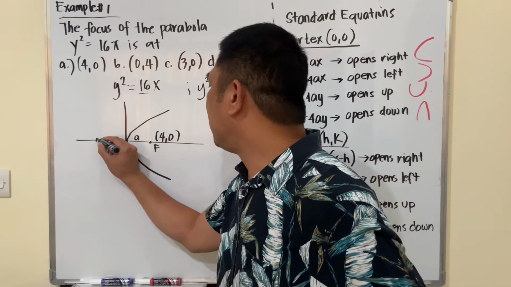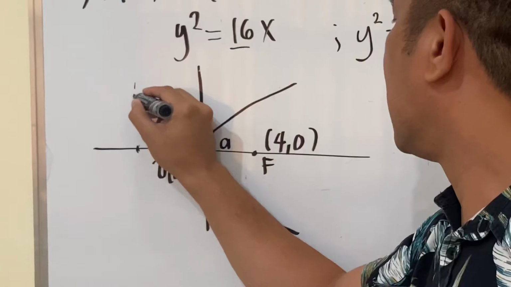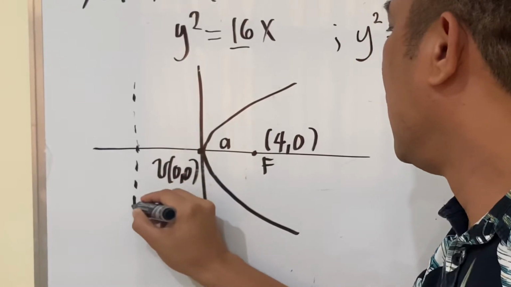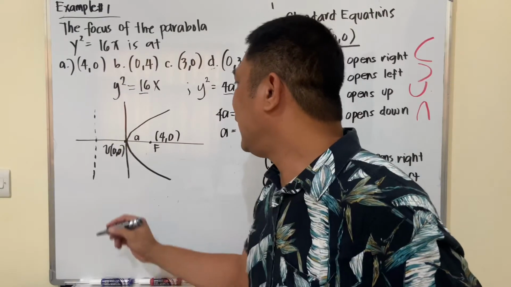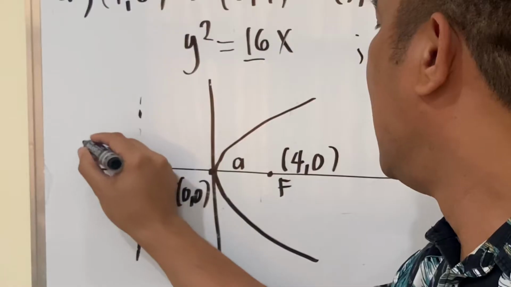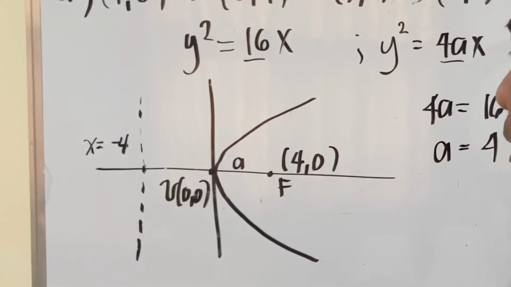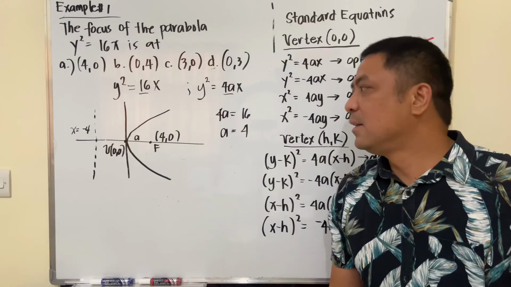That means you have your directrix here, which is at x is equal to negative 4. So that's the equation of your directrix.